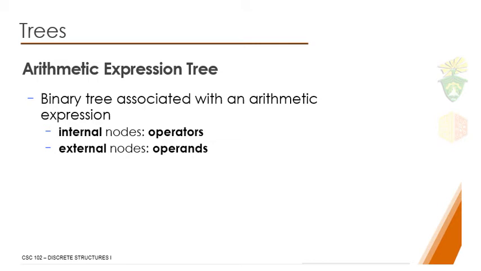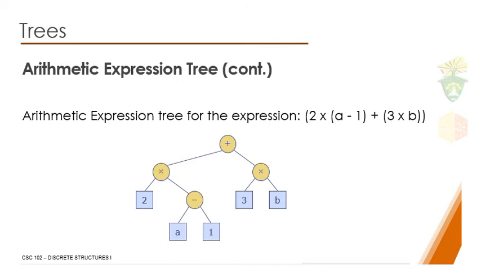So okay, let's have an example. For this arithmetic expression, this is its equivalent arithmetic expression tree. We have 2 times the difference between a minus 1, added to the product of 3 and b, 3 times b.